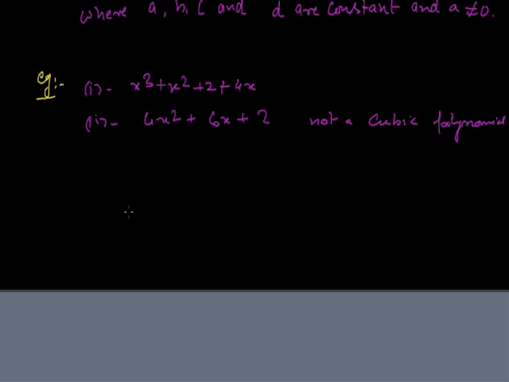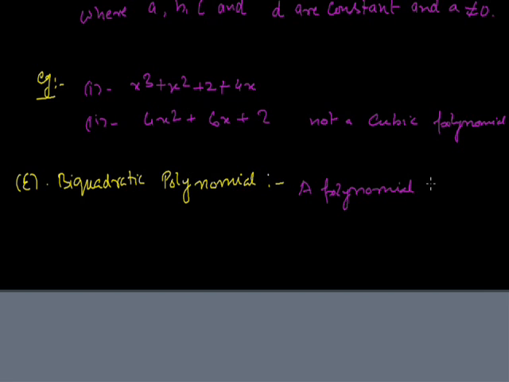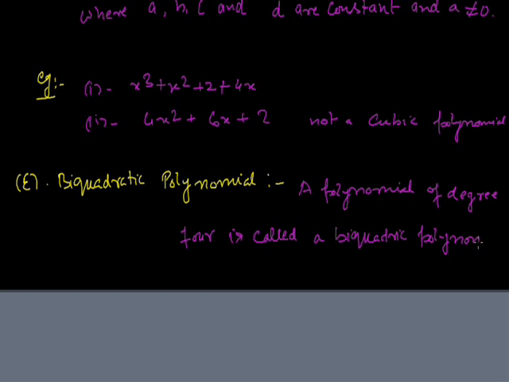Now the fifth one is the biquadratic polynomial. A polynomial of degree 4 is called a biquadratic polynomial.